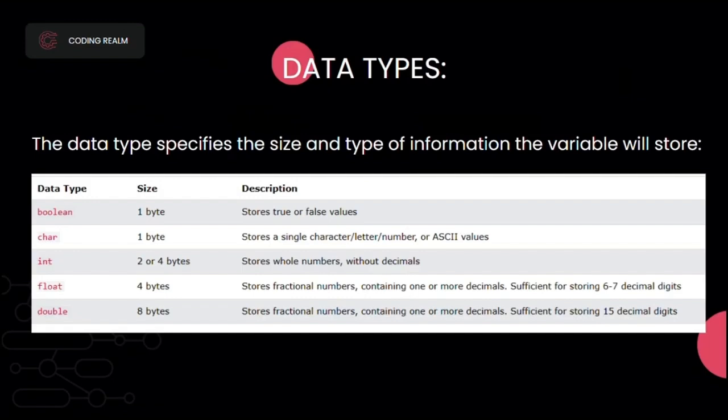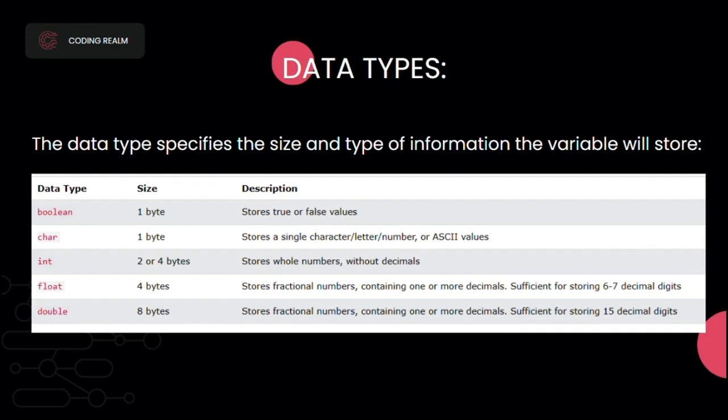Now, all the data types have a size and a type of information the variables will store. For example, Boolean is a data type that has 1 byte of size and stores a true or false value. I tell you, true is represented by 1 and false is represented by 0.